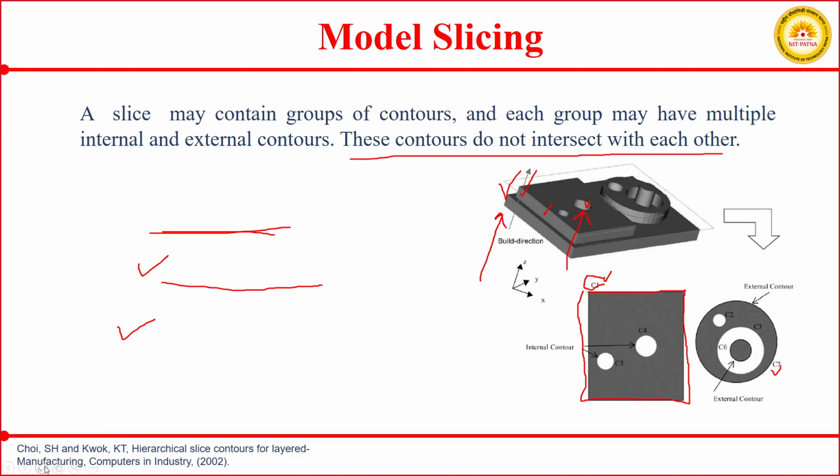How is contour C1 related? C1 is the parent of C4, C5, C2, C3, C6, and C7.